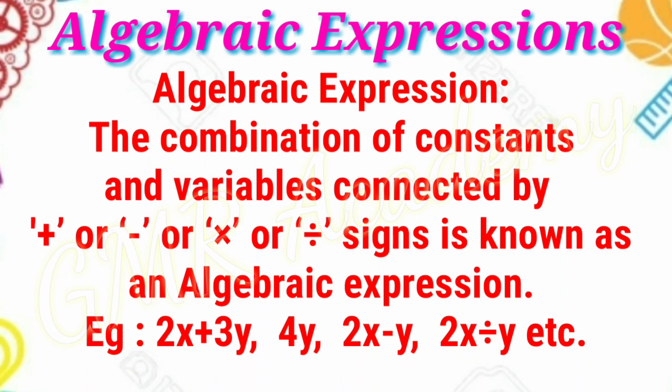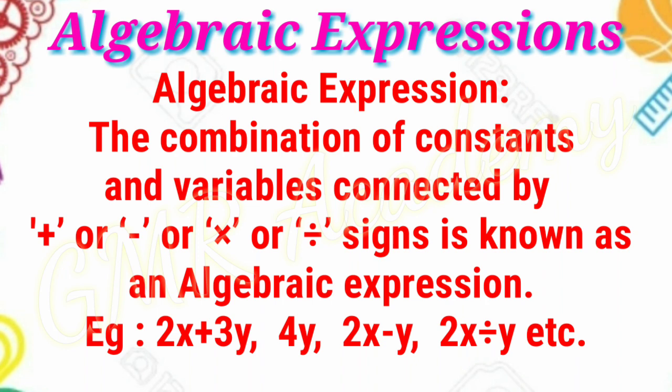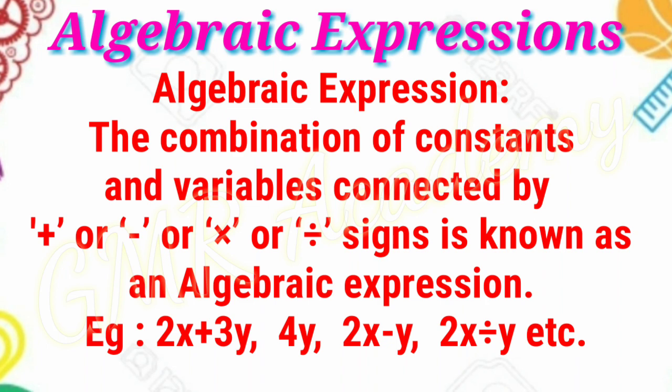For example, 2x + 3y, 4y, 2x - y, 3x/y, etc. In 4y, in between we are using the multiplicative sign. In 2x - y, in between we are using the minus sign. In 2x + 3y, we are using the plus sign. In 3x/y, we are using the division sign.